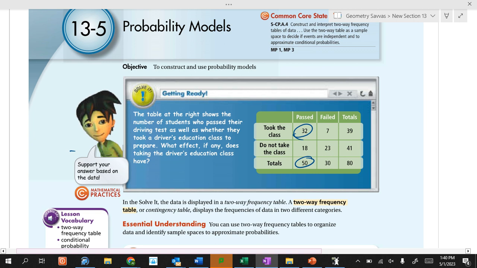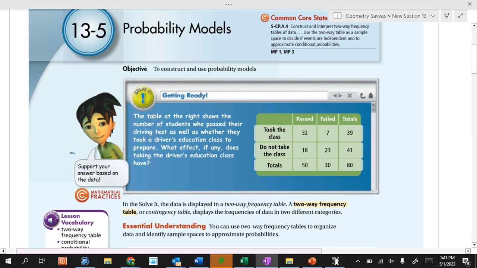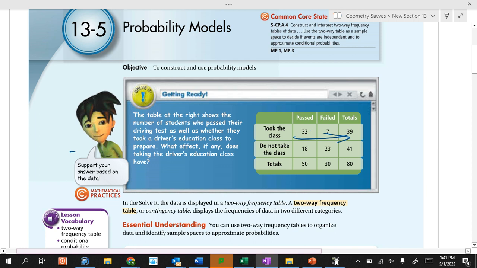And that one is 32 out of 39. So it depends how the question is asked, what numbers you use. Okay? So that's a two-way frequency table where we have stuff going this way and this way. And we use the two-way frequency table when we're doing the college professors and teaching assistants.